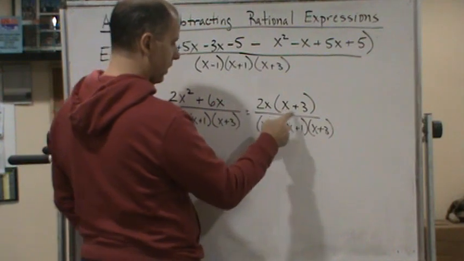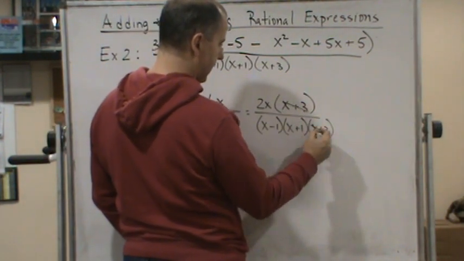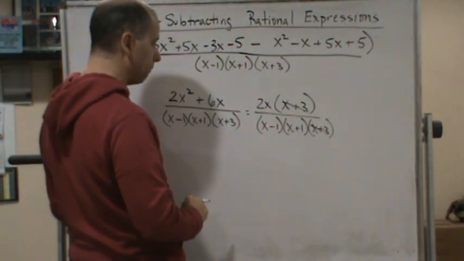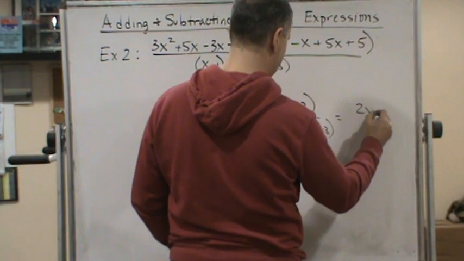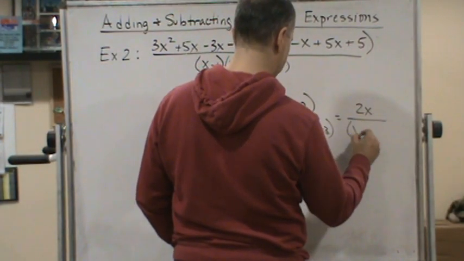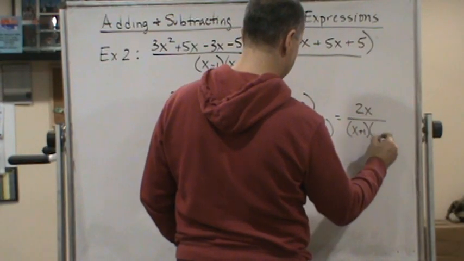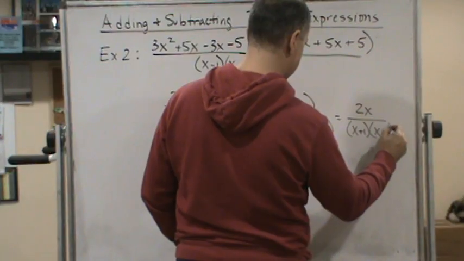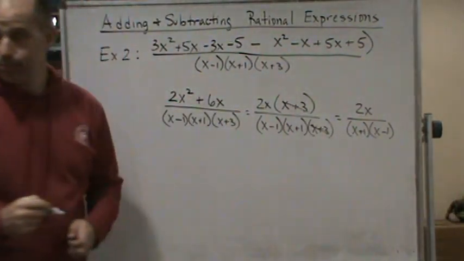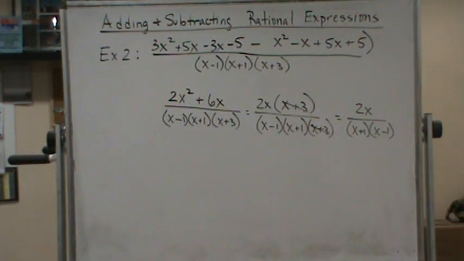And of course the x plus 3 on top cancels with the x plus 3 on the bottom. And so I end up with 2x over x plus 1, x minus 1. And that is the final answer.